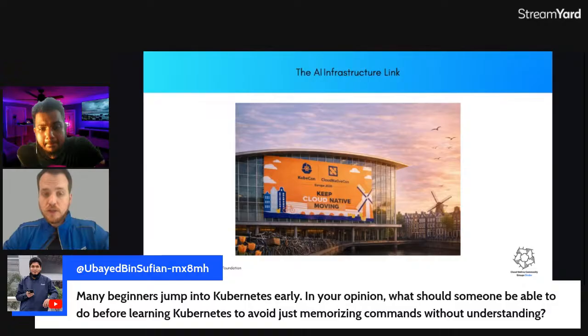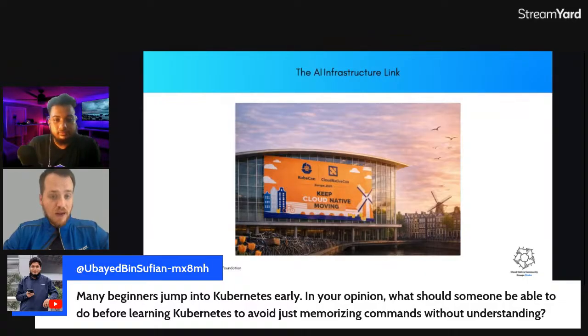That's a good question. I'm getting that a lot. And I would say that just like buildings, you have to have a good foundation. And nowadays that foundation is Linux. You have to breathe Linux, you have to eat Linux at some point, and you have to be proficient with your Linux skills. And I get what you say about memorizing command lines without understanding.